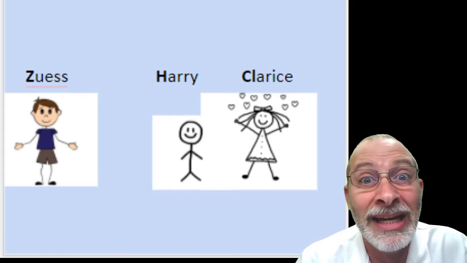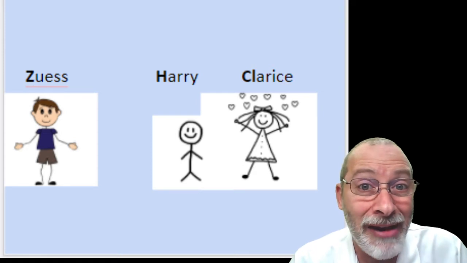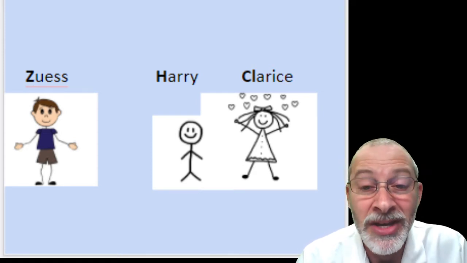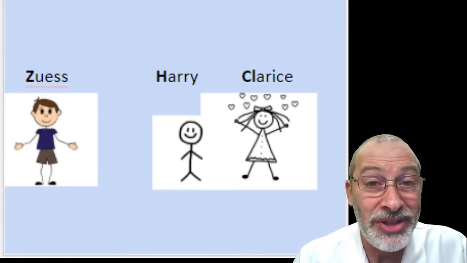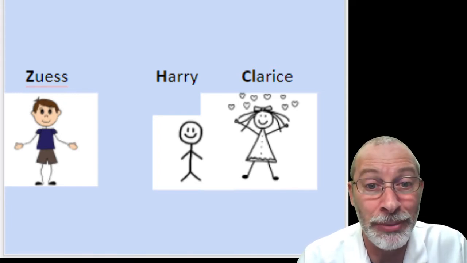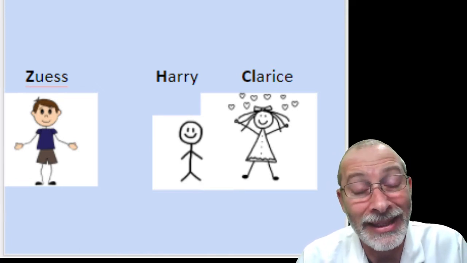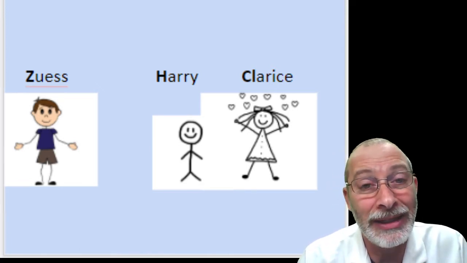That's right, Harry. Now, if Zeus and Harry were to have a little physical competition, who do you think is going to win the competition between Zeus and Harry? I think the answer is probably clear.